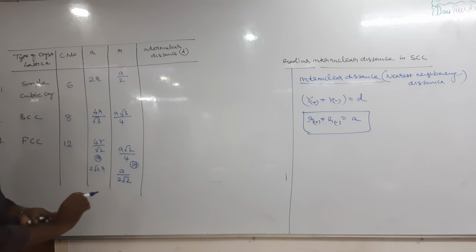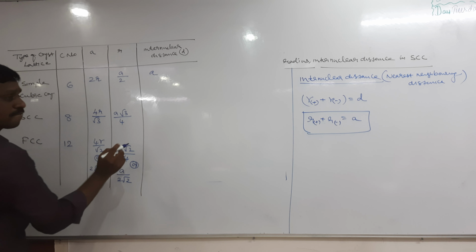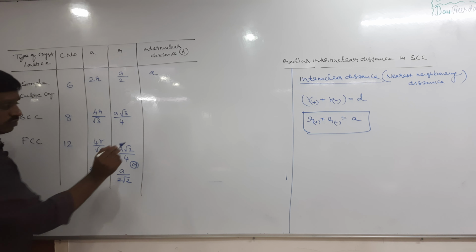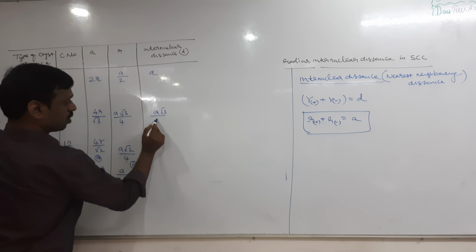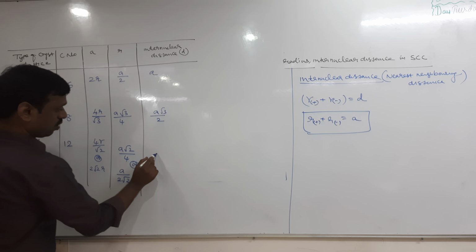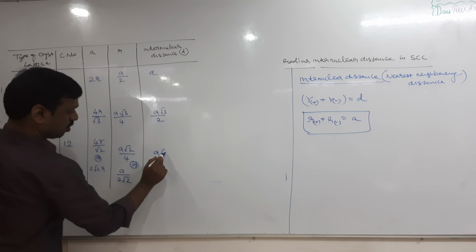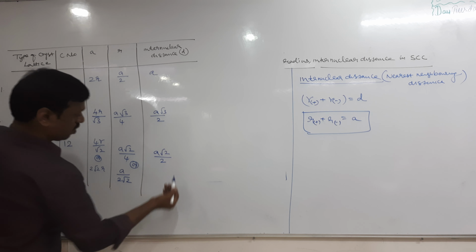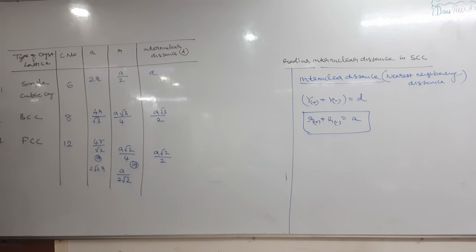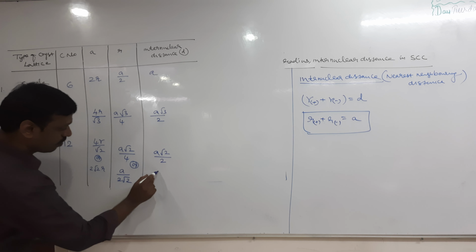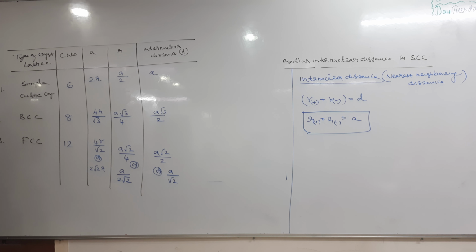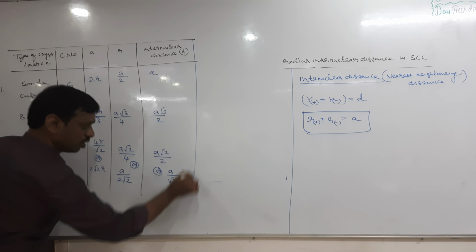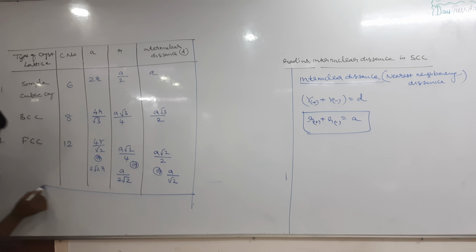Next, internuclear distance. It is A. Here, in case of BCC, A root 3 by 2. This information you have to memorize.